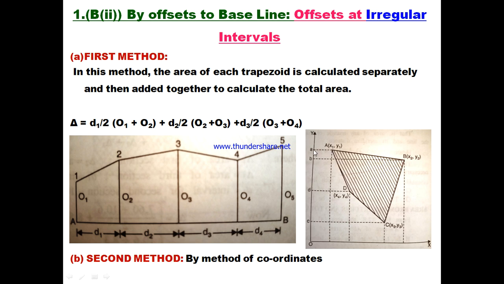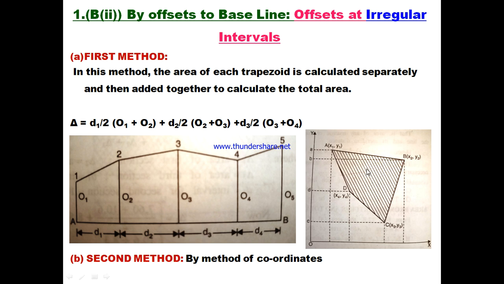If I add the area of AABB plus the area of BBCC, then this complete figure is included in this area, but this extra area is also coming into the picture. So we need to deduct this part.